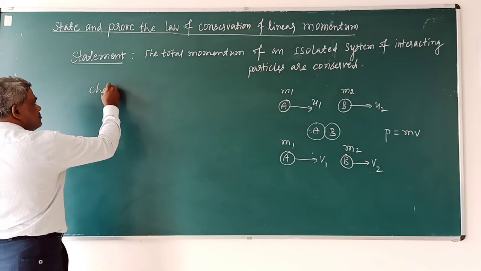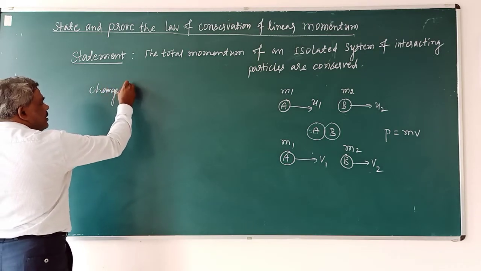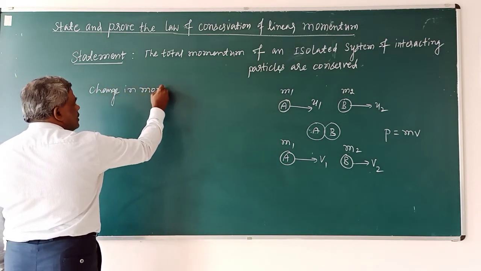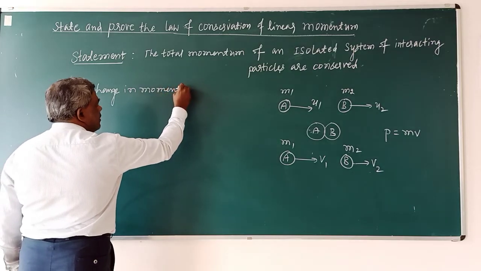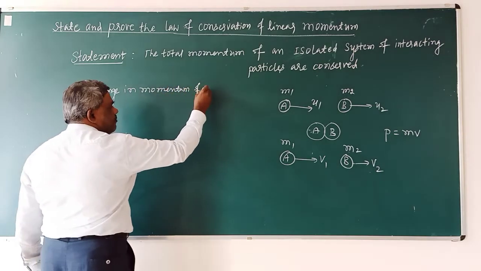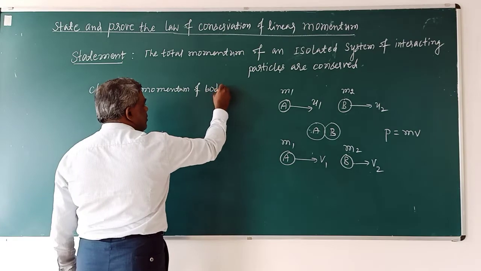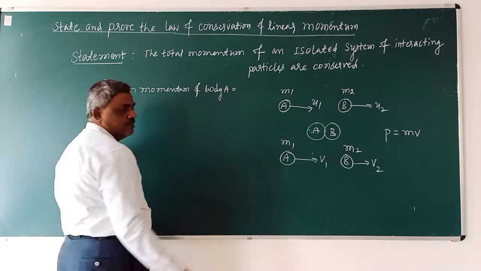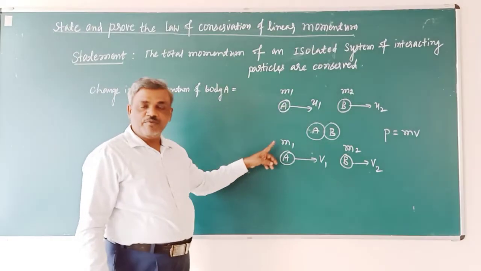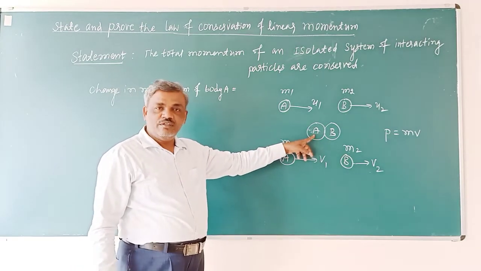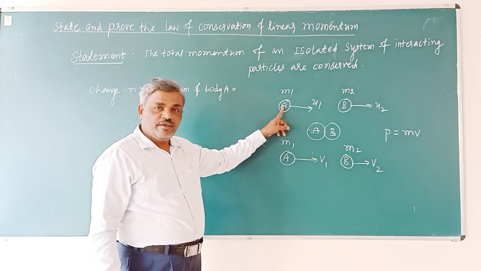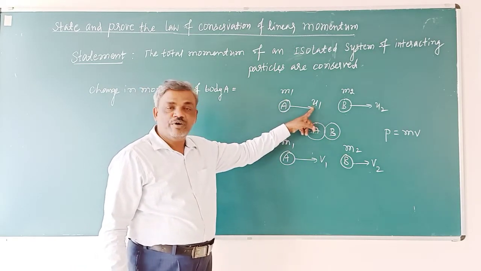Change in momentum of a body A. Before collision, the first body A has initial momentum m1 u1.